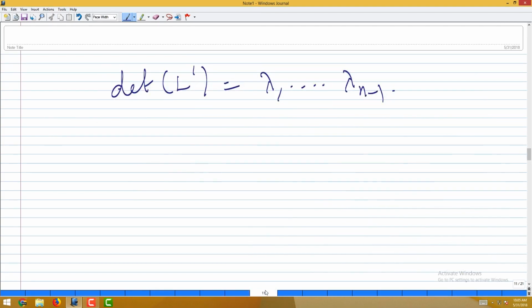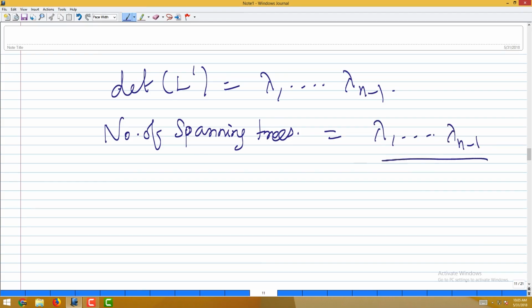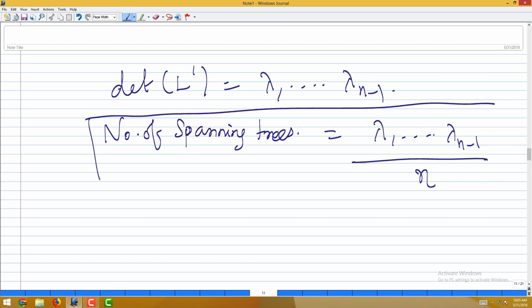So, if you look into that, the number of spanning trees can be counted using this value, lambda 1 up to lambda n minus 1 divided by n. Okay, product of all the eigenvalues divided by n. So, this is another result which also gives you a count, exactly I can tell you what that count is, from the eigenvalues of the Laplacian, right.